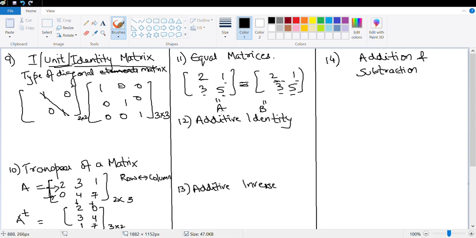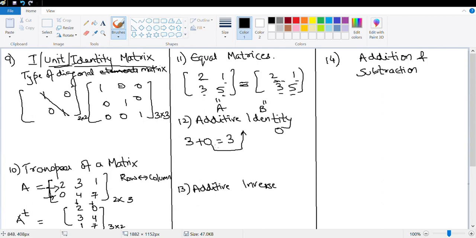Now, additive identity. If you remember your algebra from grade 6 or grade 7, you would know that the additive identity is a number which, when added to a given number, does not change the number, which means 3 plus 0 is 3. So 0 is always the additive identity for a number.